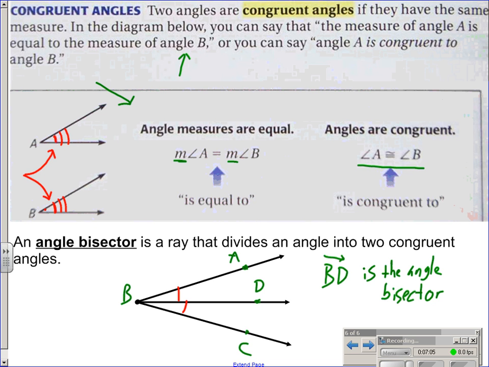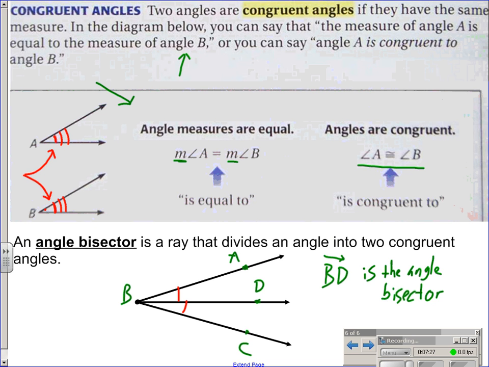All right, for the bottom part here, an angle bisector. And again, it's a term that you're going to be hearing a lot throughout the year. Take a second, hit pause, copy this down along with the picture. Okay, bisector basically just means it's cutting something in half.